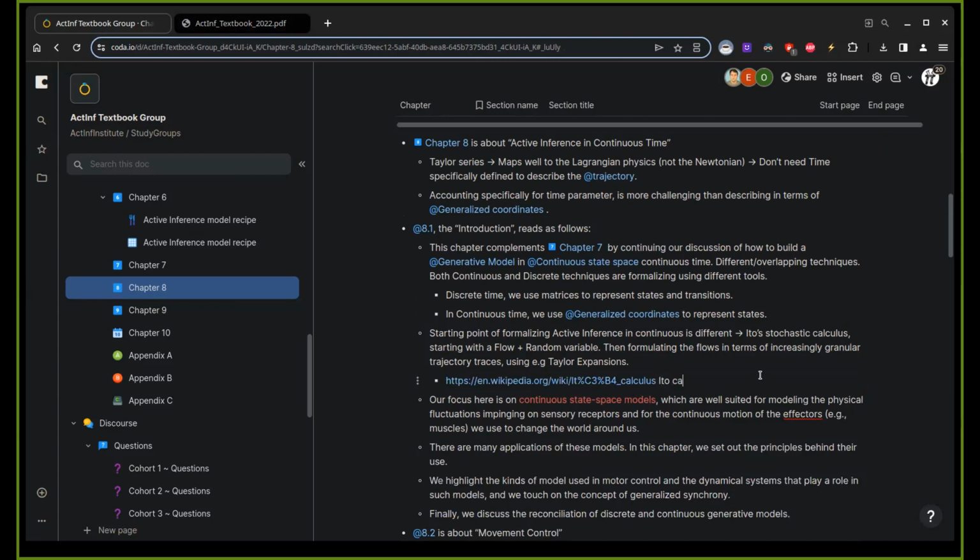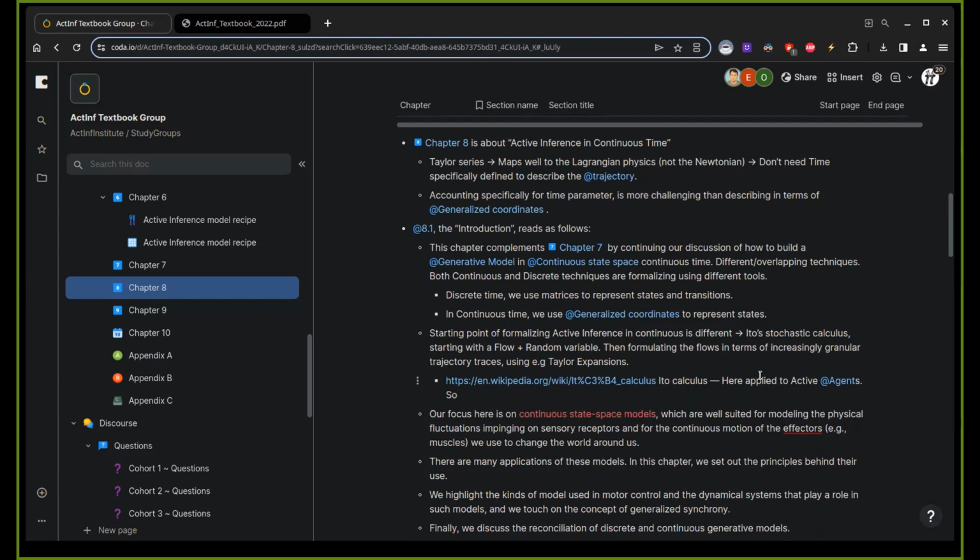Especially in active inference, we focus on active agents, as opposed to a more general sense of the term, such as describing the whole behavior of a self-organizing system, or even a simple system that can basically be described with simple statistical physics.